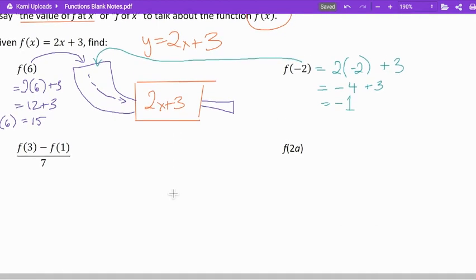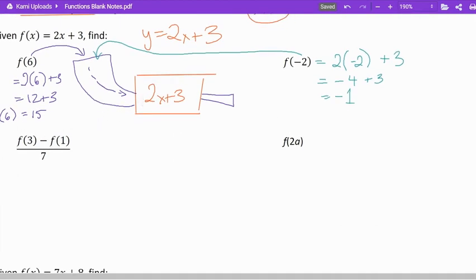We can have an expression where we're actually putting in multiple inputs. What if my input is 3, but I'm also subtracting the output when x is 1? First let's figure this out. What is f of 3? We're still using the same function.